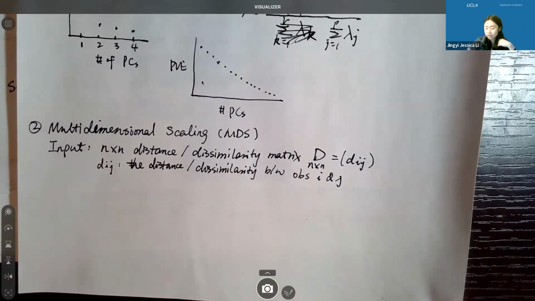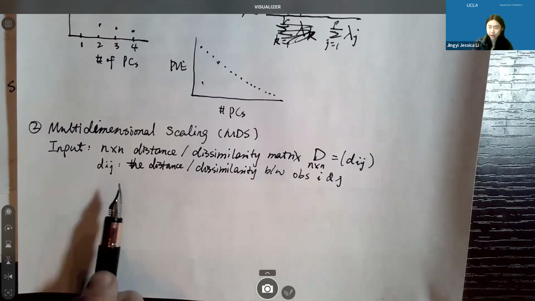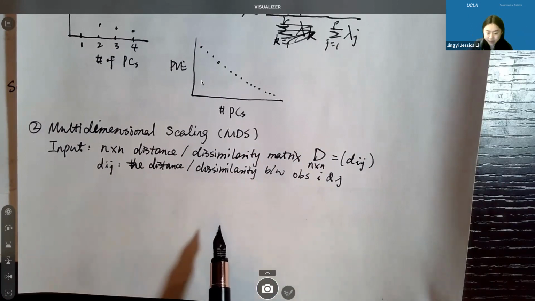And given such a distance matrix, the question is, how can you find some embeddings of the N observations for which you don't have the original P vectors?